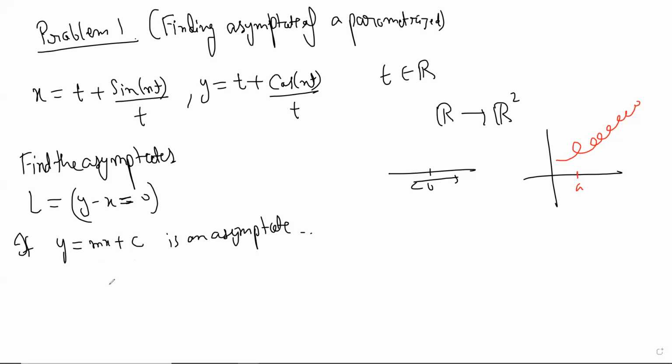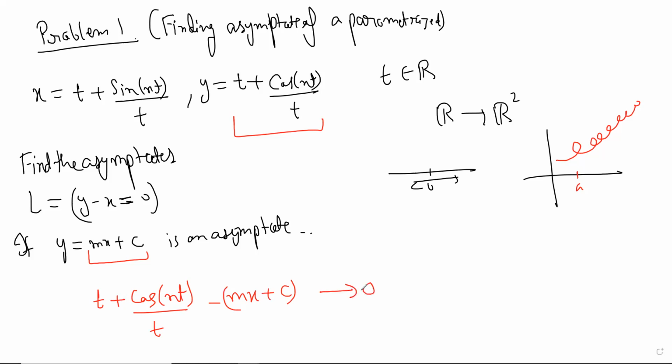So, what I'm thinking is we would like to say that this minus this goes to 0, right? So we would like to say that T plus cos nt by T minus mx plus C goes to 0 as T goes to infinity.